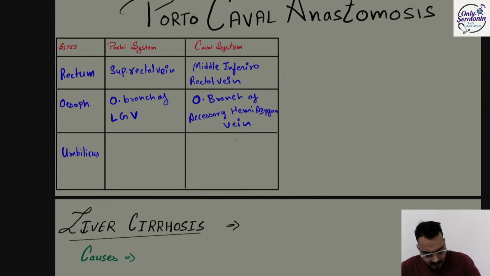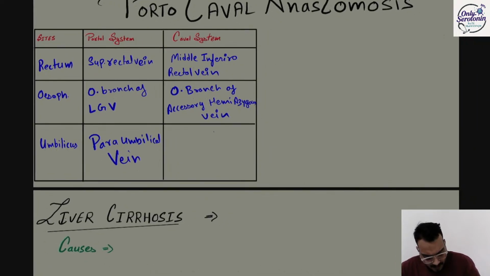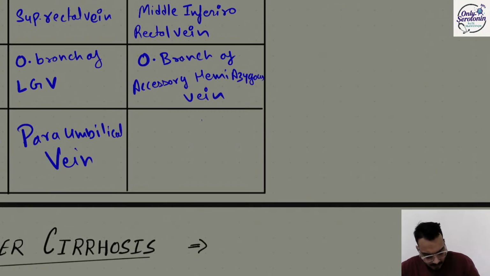What about the umbilicus, guys? Here I am having the para-umbilical vein from my portal system, and from the caval system, I am going to have the superficial vein of the anterior abdominal wall.